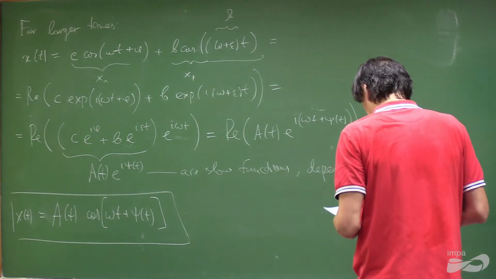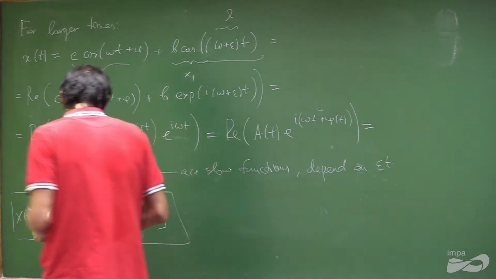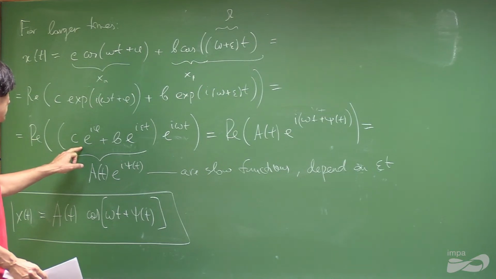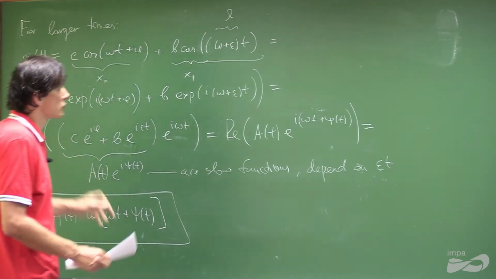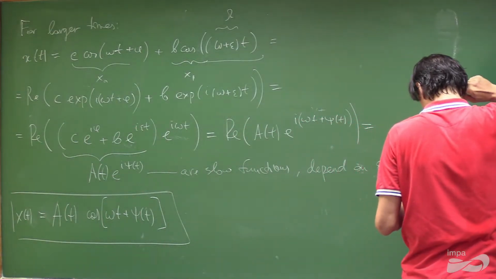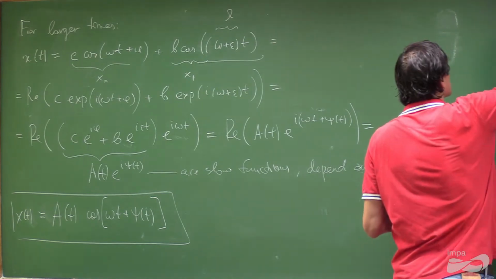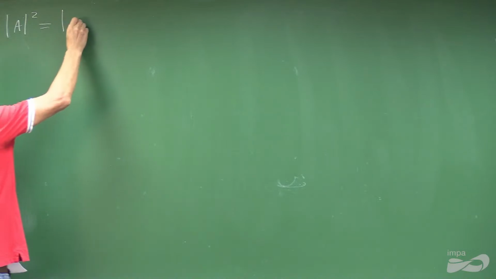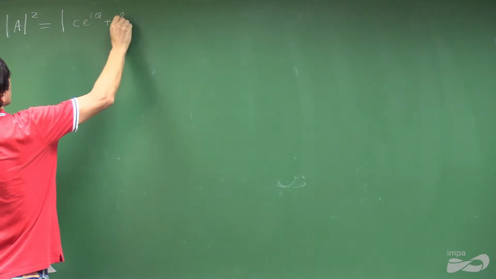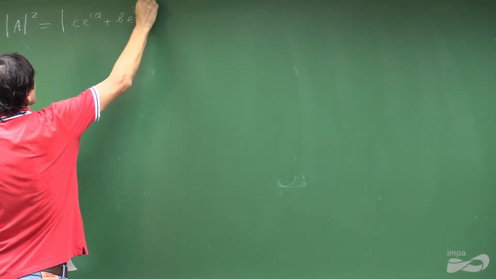So what is A? A is the absolute value of this quantity. So let's compute. Let's compute the modulus of A. The modulus of A squared is the absolute value of this, which is C phi, squared.